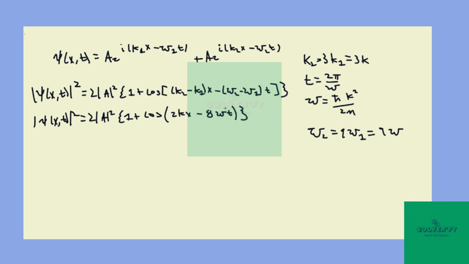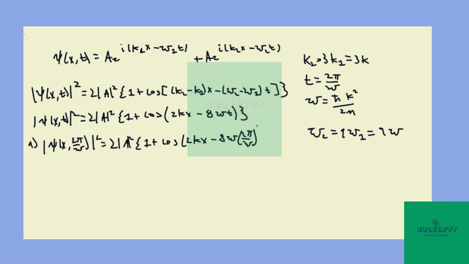All right, so now for part A, where t is equal to 2 pi over omega, so now psi of x, 2 pi over omega, squared is equal to 2 times A squared times 1 plus cosine of (2kx minus 8 omega times 2 pi over omega), which is equal to 2 times A squared times 1 plus cosine of (2kx minus 16 pi).